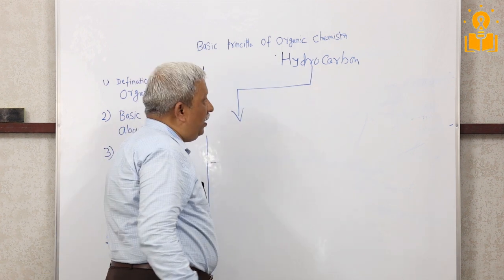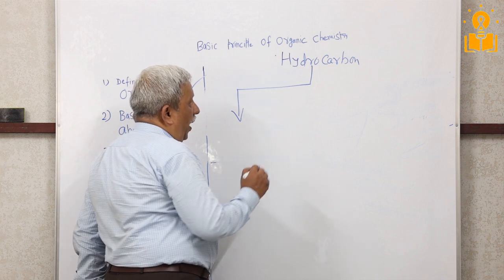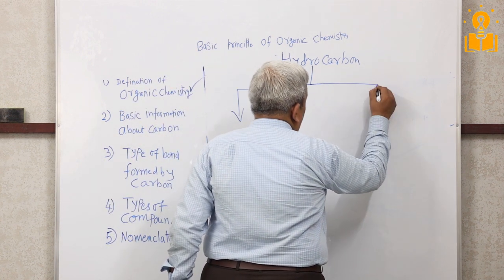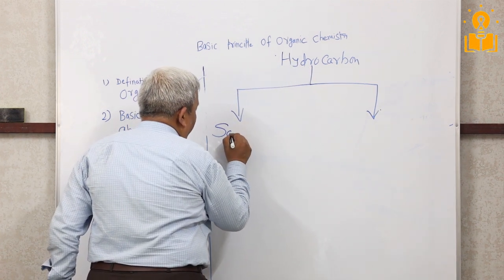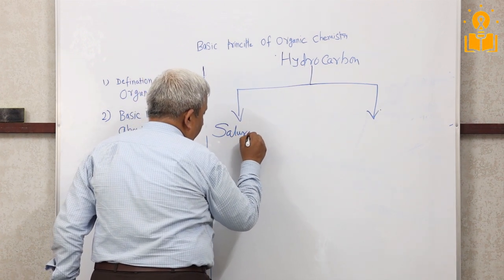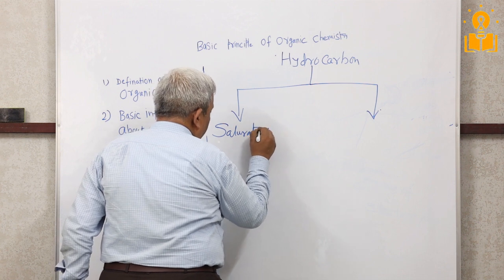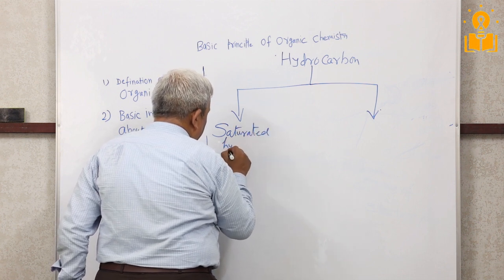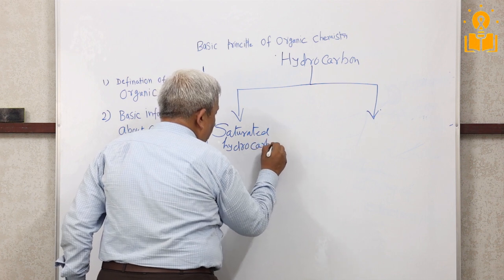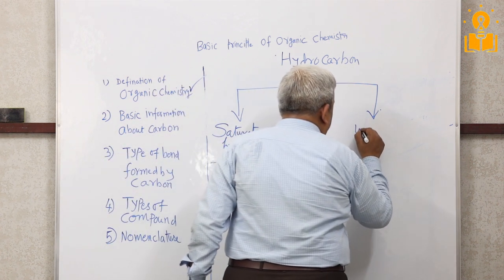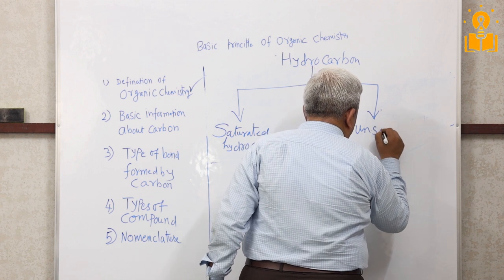There are two main types of hydrocarbon: saturated hydrocarbon and unsaturated hydrocarbon.